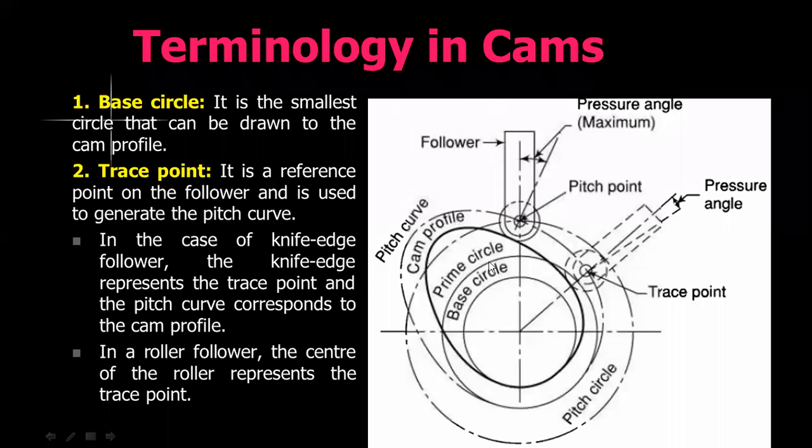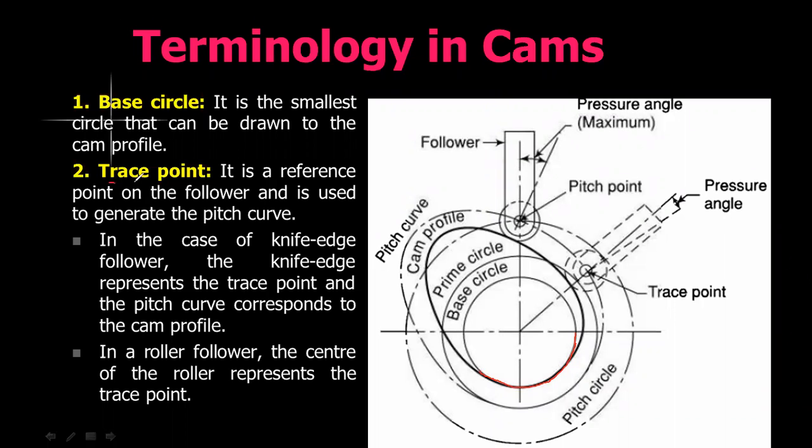The base circle is the smallest circle that can be drawn to the cam profile, and this base circle is drawn as a tangent to the cam profile. Here you can see it is like a tangent to the cam profile. In the problems they will give you the radius or diameter of the base circle, and by using this we will start the cam profile diagram.